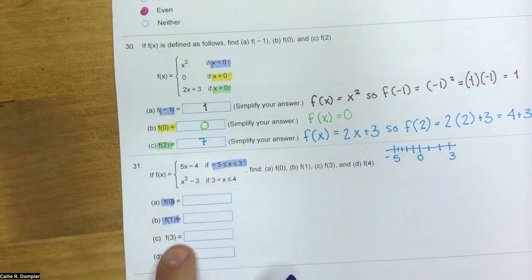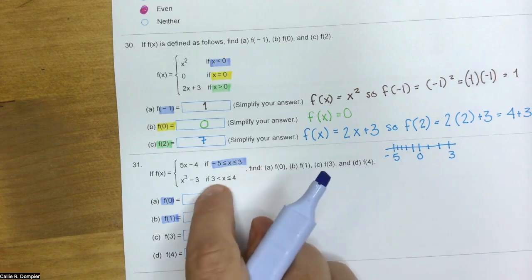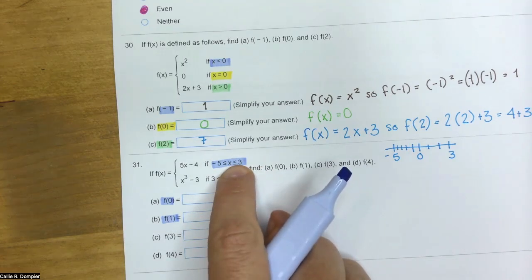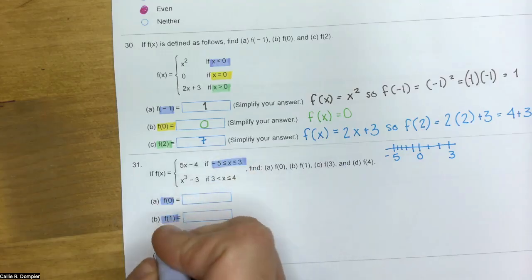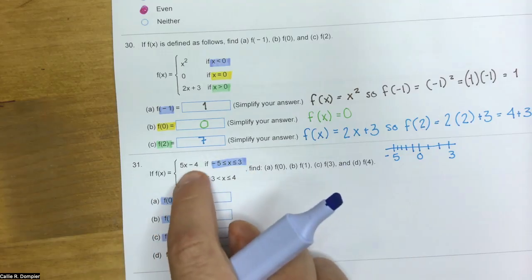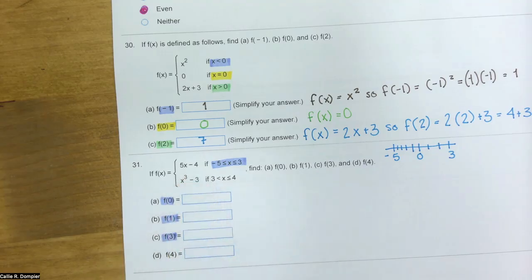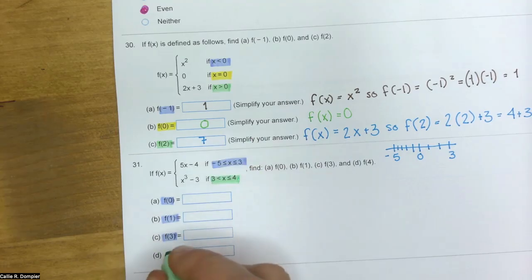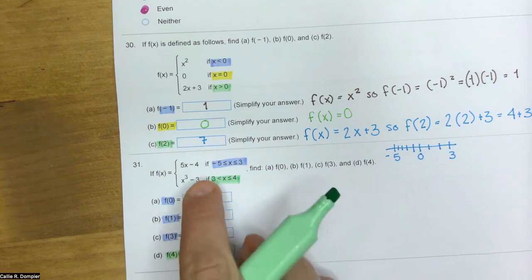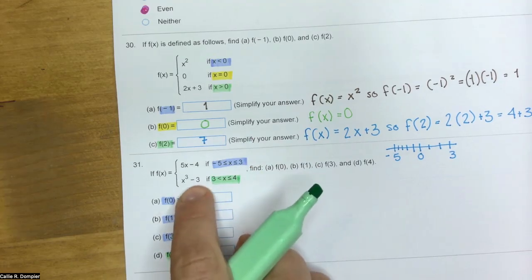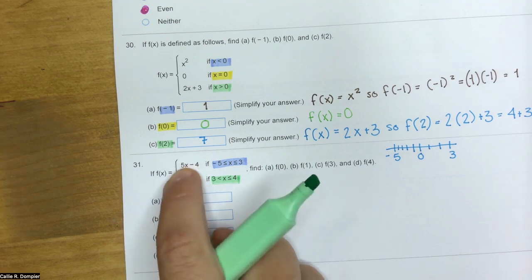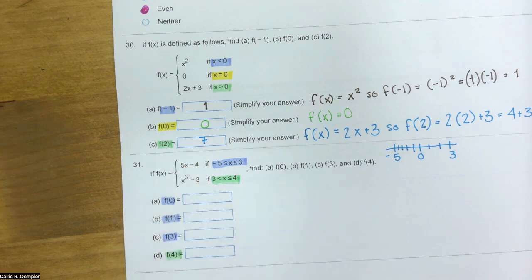All right, here's the puzzle because I see a 3 here and I see a 3 here. This equal sign means and equal to 3, right? So this 3 is still going to be in the 5x minus 4 category. Only for the 4 are we going to use this second equation, okay? So all that means is now for f of 0, we're going to say 5 times 0 minus 4.